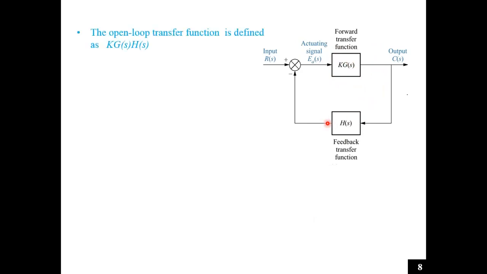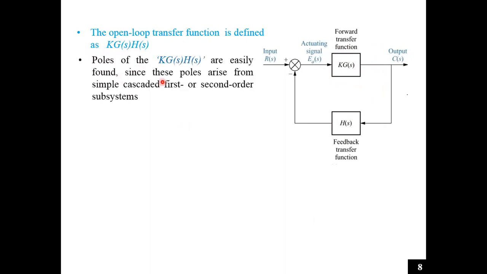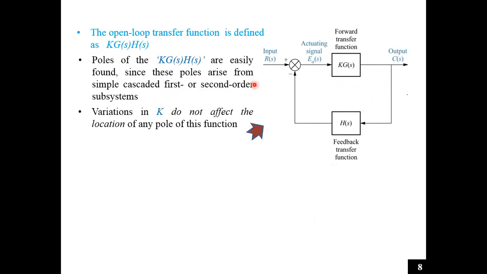The open loop transfer function is defined as K G(s) H(s). The poles of the forward transfer function are easily found because they are cascaded subsystems, and also variation in K does not affect the location of any pole of the function, and it also does not change the stability.